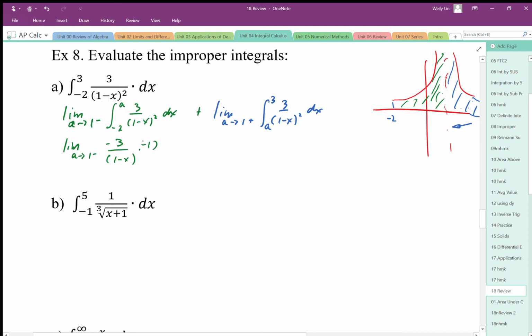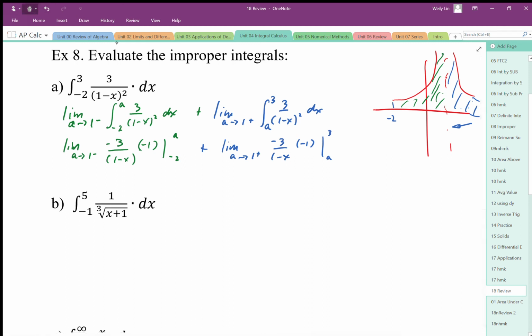That's going to get rid of the negative, and I'm going to integrate this from -2 to a. Same thing over here: the limit as a goes to 1 from the positive side. Same integral, -3 over 1 minus x, and then we have to divide by that chain rule of -1, and this one's going to be from a to 3.